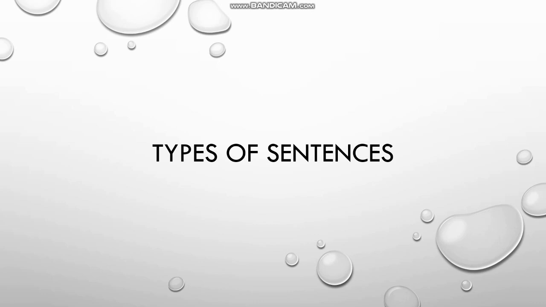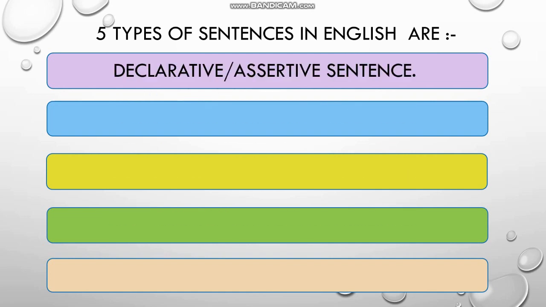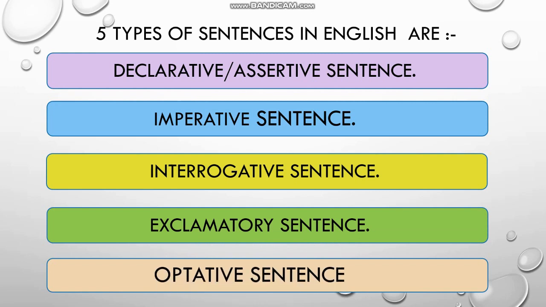So we are going to look at the 5 types of sentences in English according to their pattern. Now let's look at the 5 types of sentences. The types of sentences in English are declarative or an assertive sentence, imperative sentence, interrogative sentence, exclamatory sentence, and optative sentence.